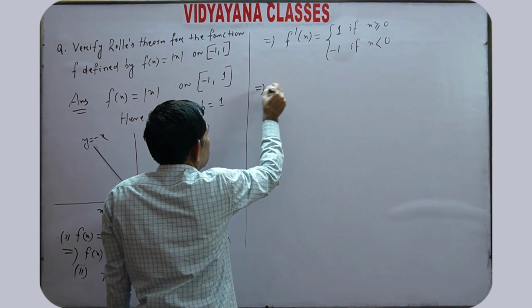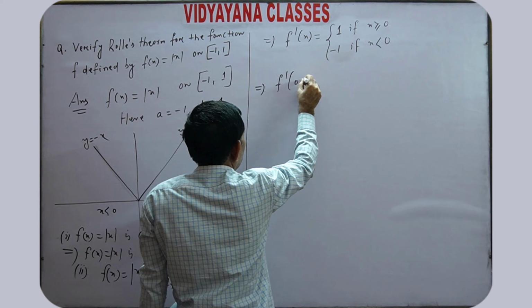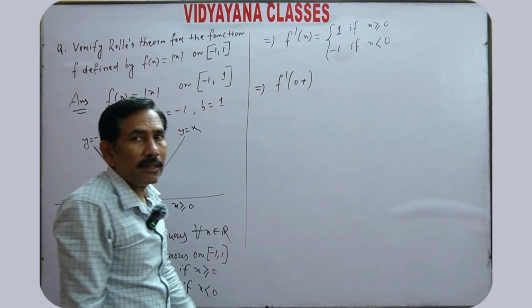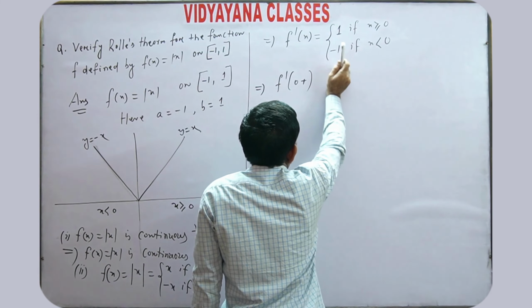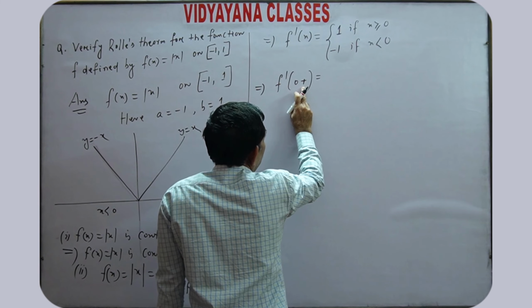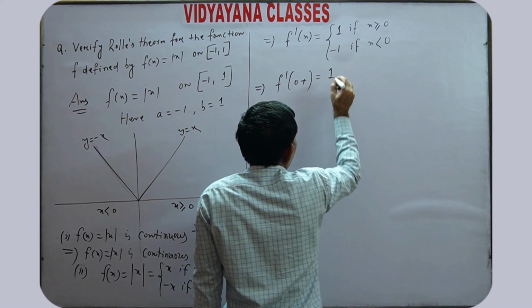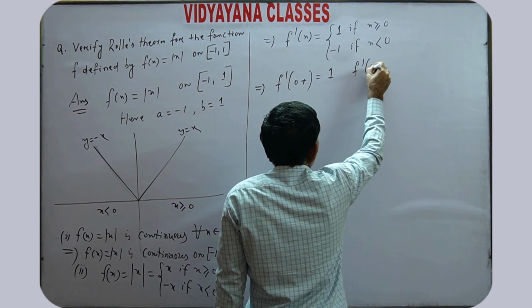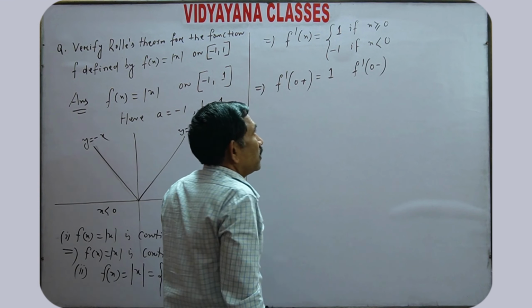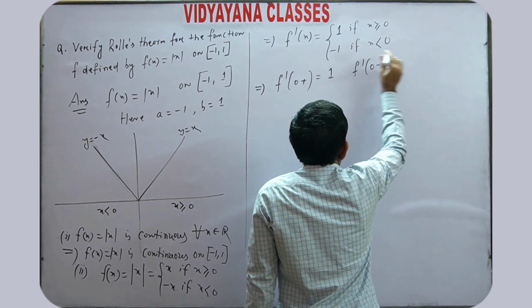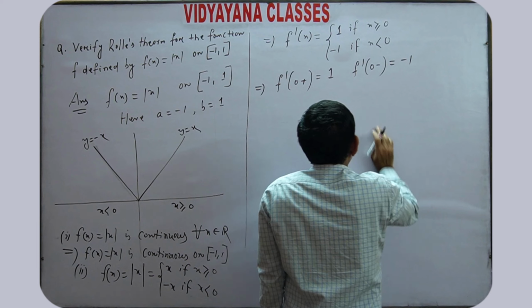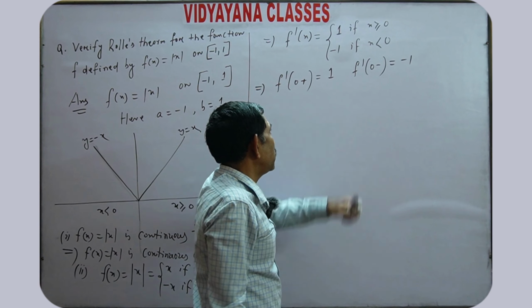Which implies f dash 0 plus, that means the right hand derivative at x equal to 0. What is the right hand derivative? For x greater than 0 the value is 1. F dash 0 minus, the left hand derivative at x equal to 0, is minus 1, since for x less than 0 the derivative is minus 1.